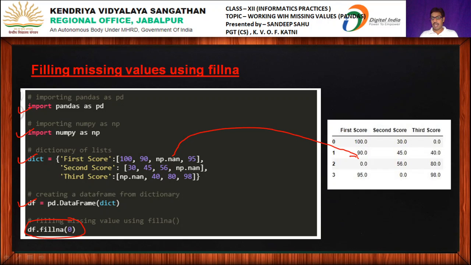Again look here, we are getting 0 against this NaN, and similarly against this NaN, here we are getting 0. So this fillna function is used to fill the NaN values by any value.